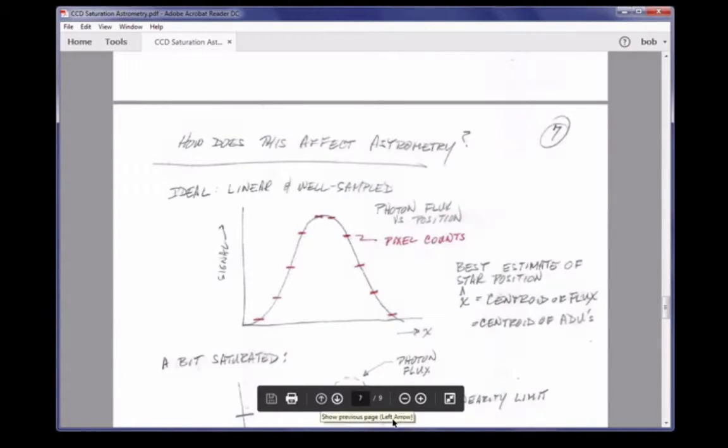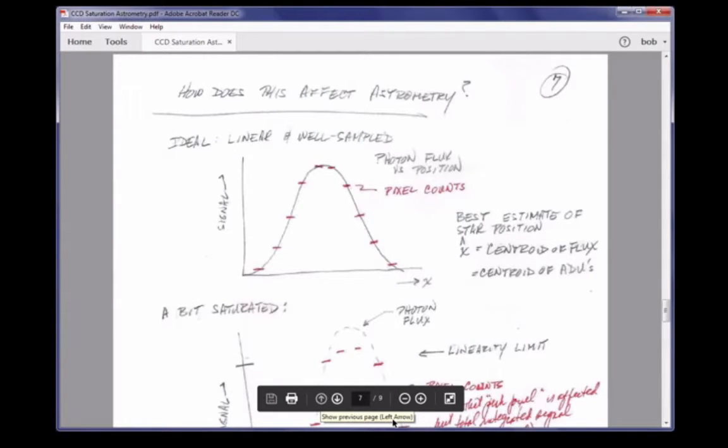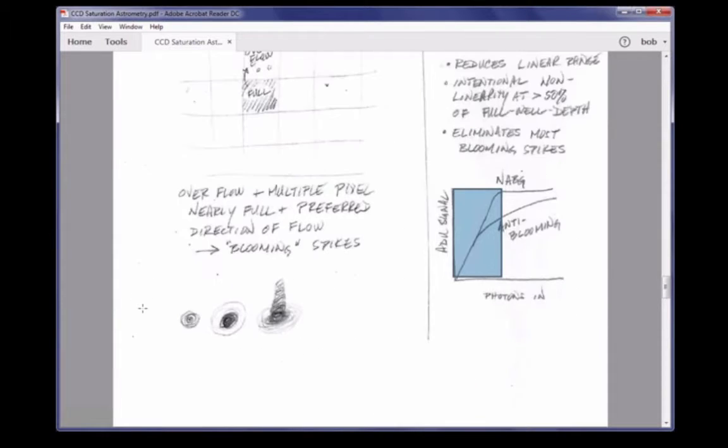Gotcha. So in order to experimentally tell what kind of sensor you're dealing with, you would take a large number of exposures and plot the peak pixel counts for that sensor, and then based on the shape of the curve, you could infer where the linear range is?